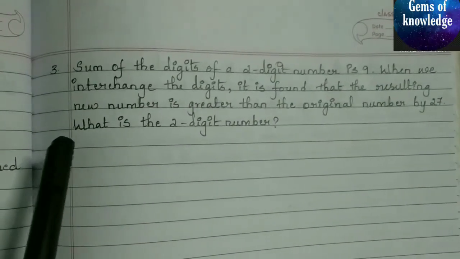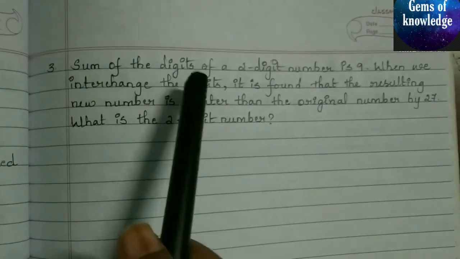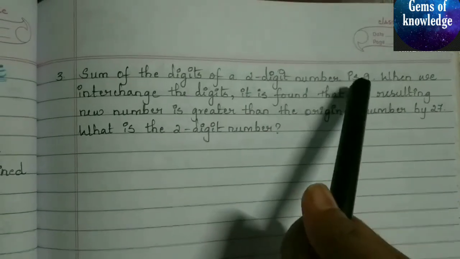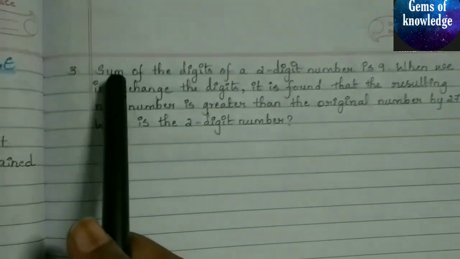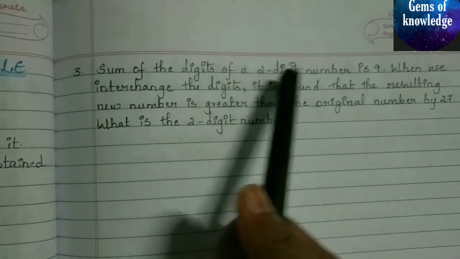Now moving to the third question. The sum of the digits of a 2-digit number is 9. Firstly, what they have given is the sum of the digits of a 2-digit number.